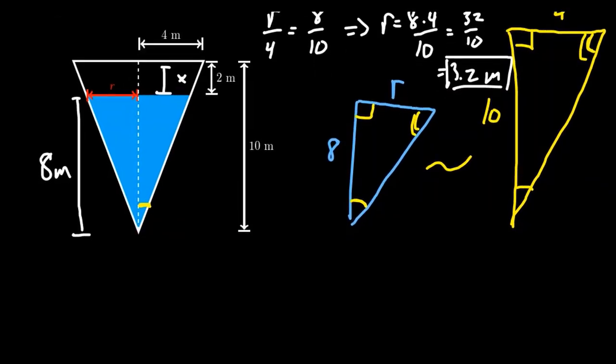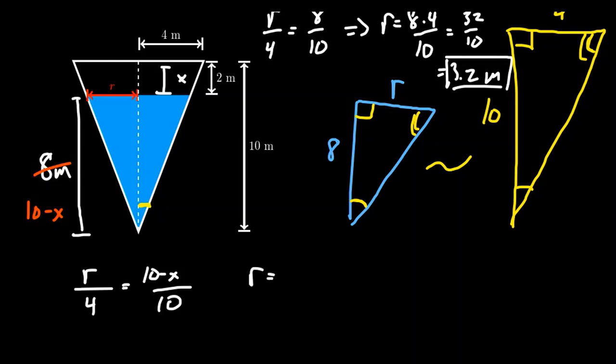Then the height of the water is just going to be 10 minus X, whatever the gap turns out to be. And so that then leads to the proportion that R over 4 corresponds to the height, which is 10 minus X, all over 10. In which case, we can solve for R easy enough.